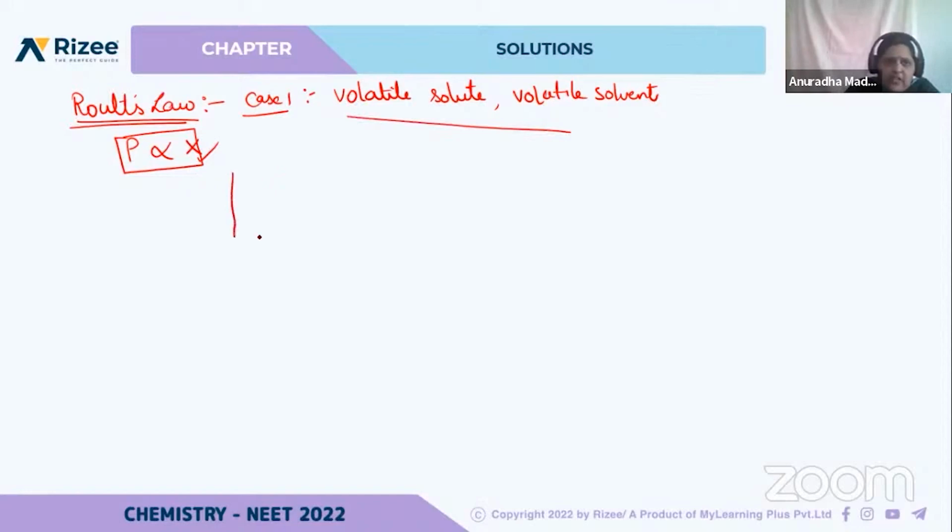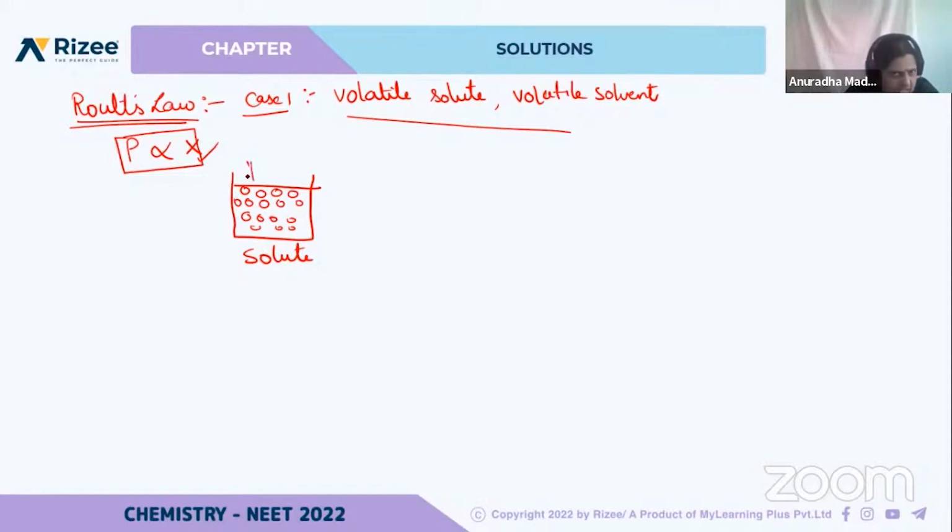Same thing, let's take a container. In that, take some liquid or solution. This is solute, if we say. This is closed. As this is volatile in nature, some molecules change into vapor or gaseous form.